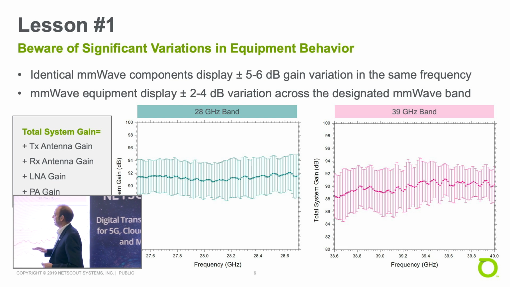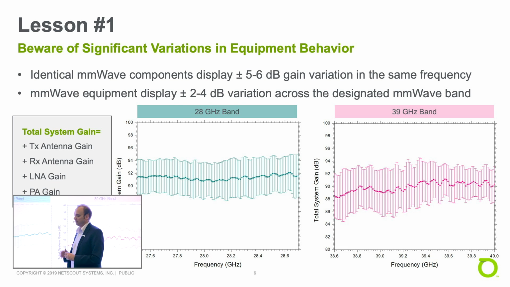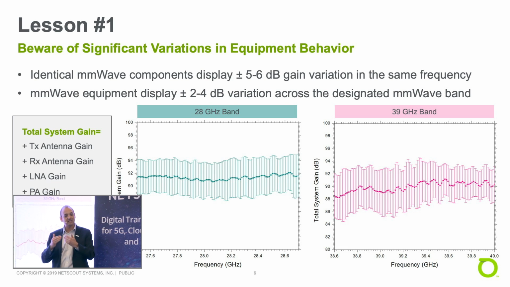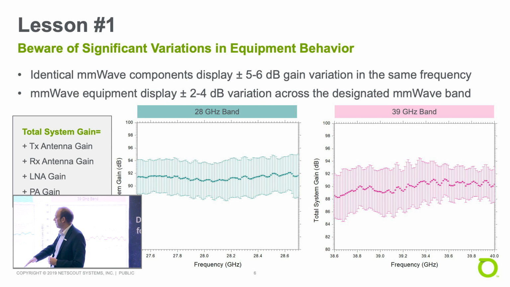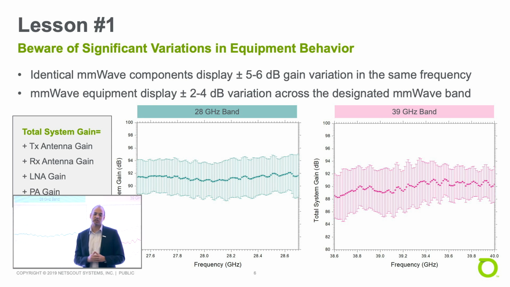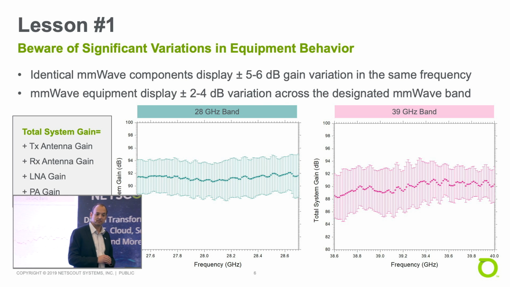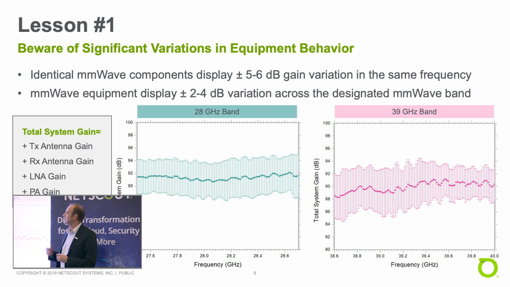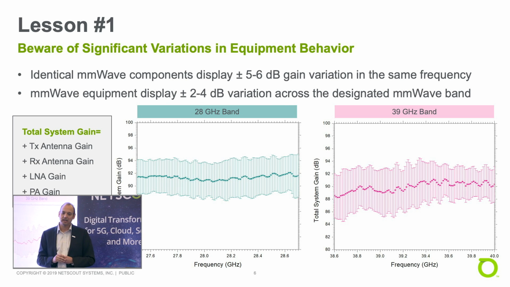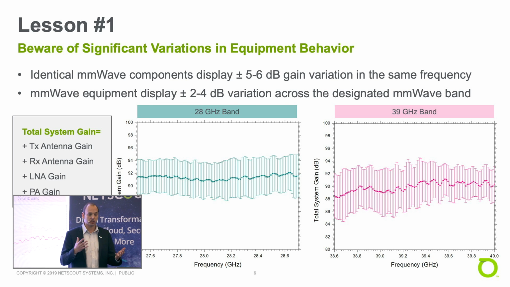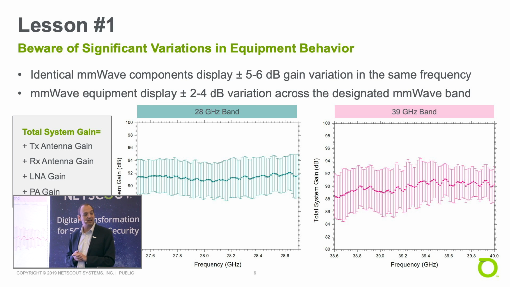In the millimeter wave, these 16 identical components have shown a significant variation across their gains, meaning 5 to 6 dB gain variation among each other. These are, again, identical parts.